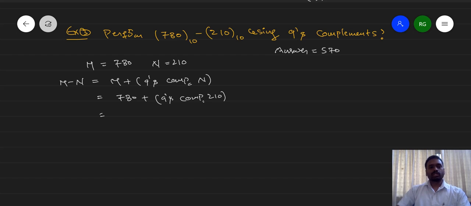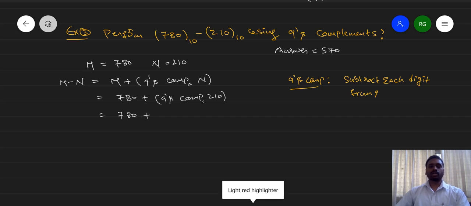Now we have to find the 9's complement of the number. How do we find the 9's complement of a number? Simply subtract each digit from 9. That is what gives you the 9's complement of a number.